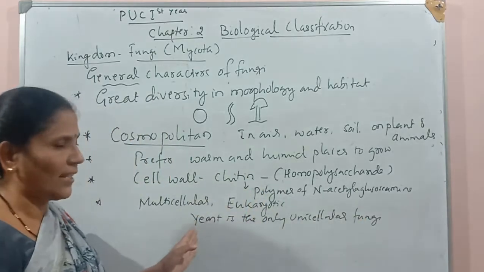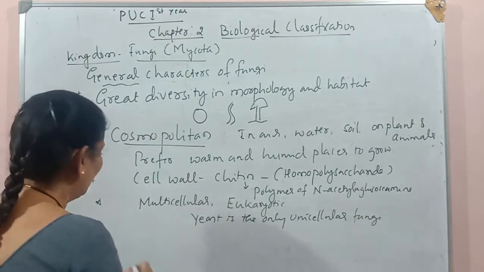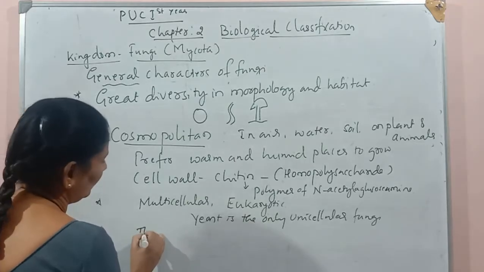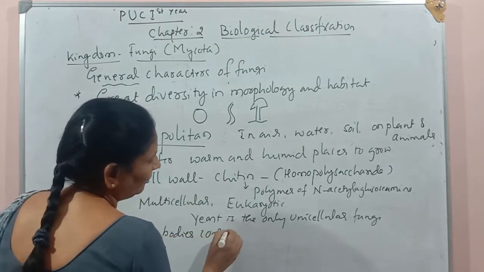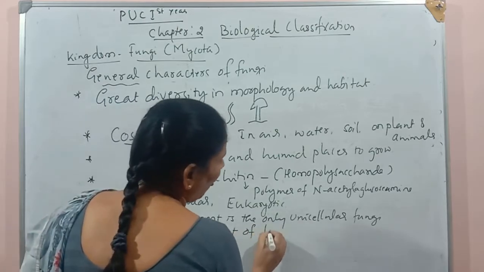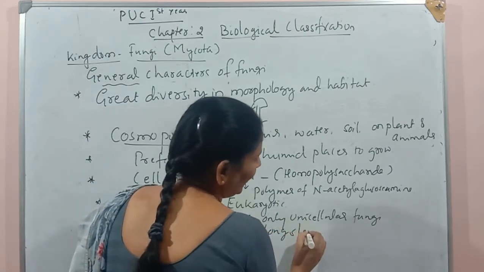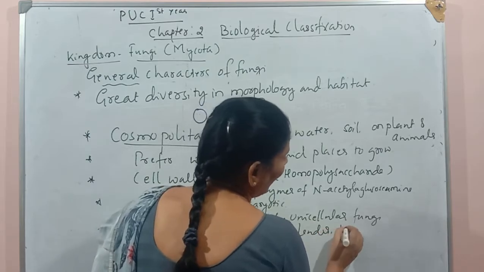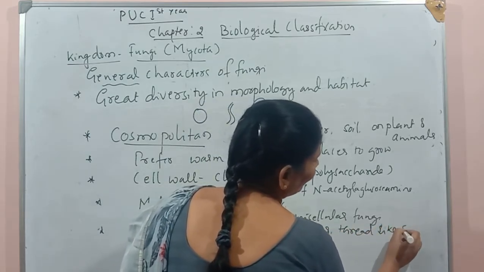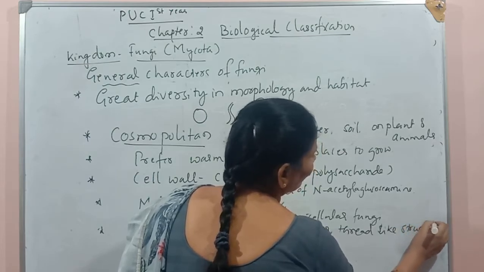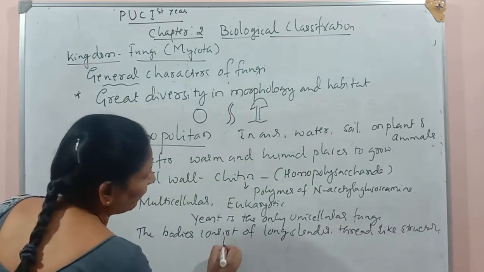The bodies consist of long, slender, thread-like structures. And this is called the hyphae.